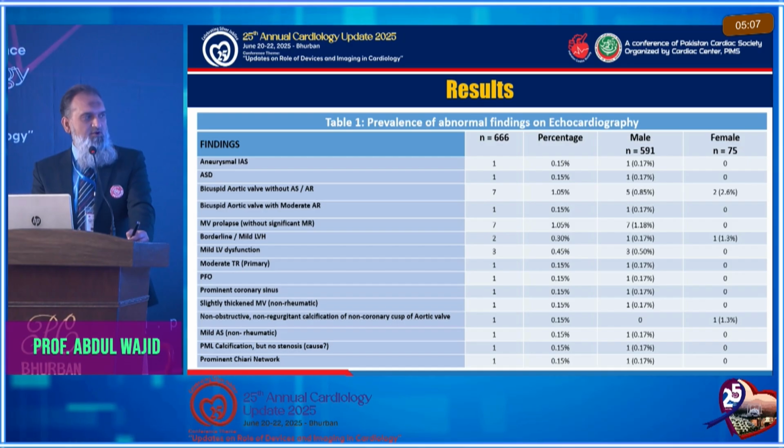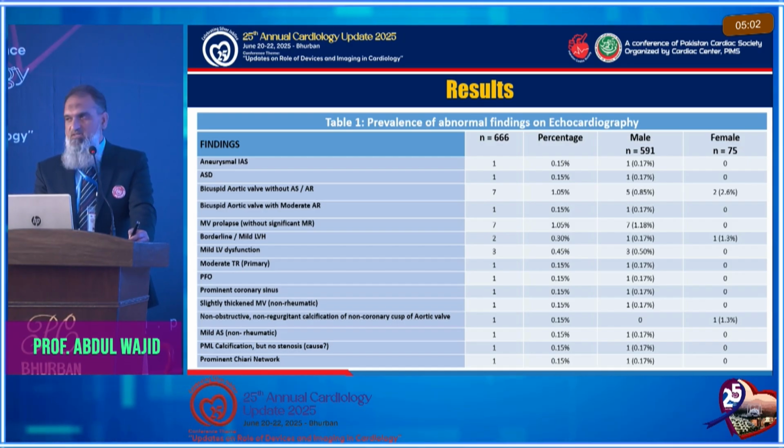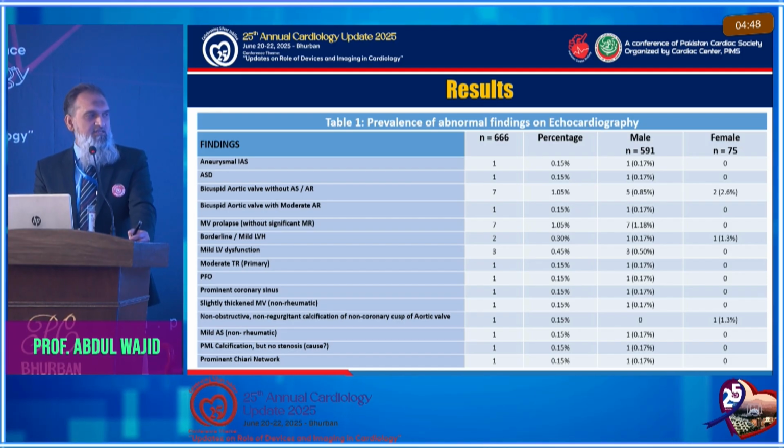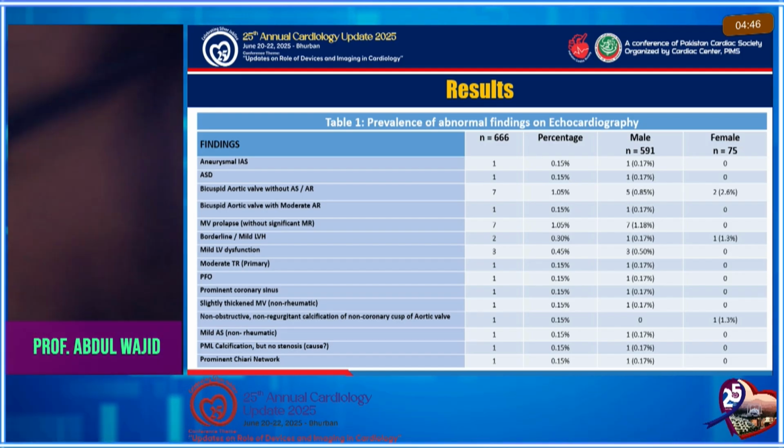PFO in 1 child. Prominent coronary sinus in 1 child. Slightly thickened mitral valve that did not fit into the category of rheumatic, 1. Non-obstructive, non-regurgitant calcification of a cusp of the aortic valve in 1 child. Mild AS, which was also non-rheumatic to me, 1. PML calcification, might be rheumatic, 1. And prominent Chiari network in 1 child.